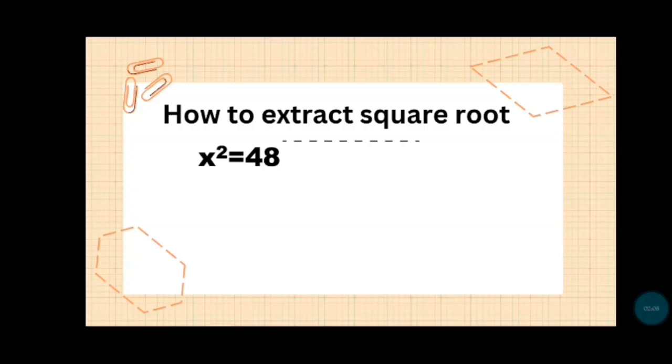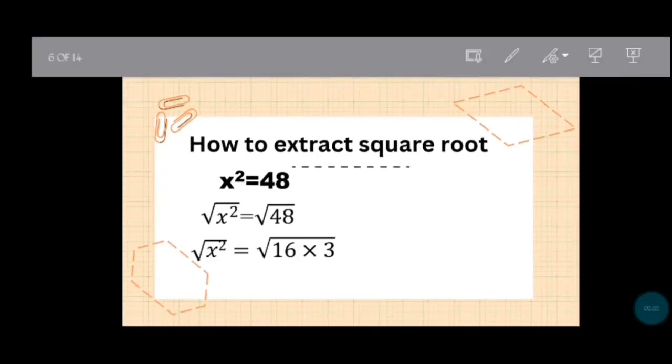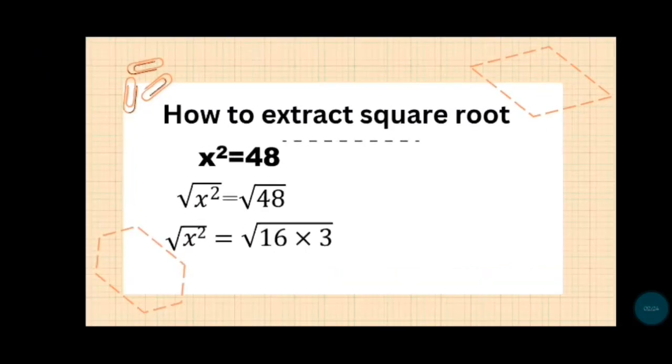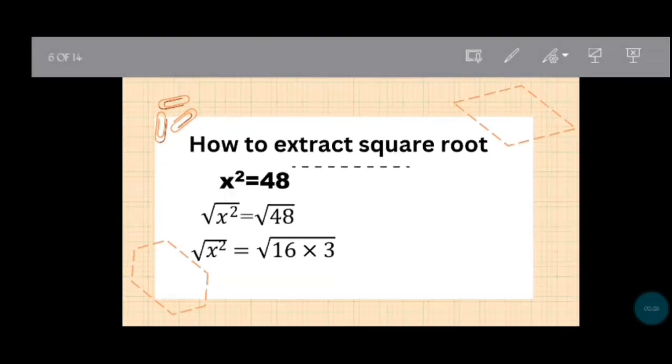The same step pa rin yung gagawin natin. We will get the square root of both sides, and it is the square root of x squared equals square root of 48. So, yung 48 natin, hindi siya perfect square. So, ang gagawin natin, humanap tayo ng factor na may perfect square.